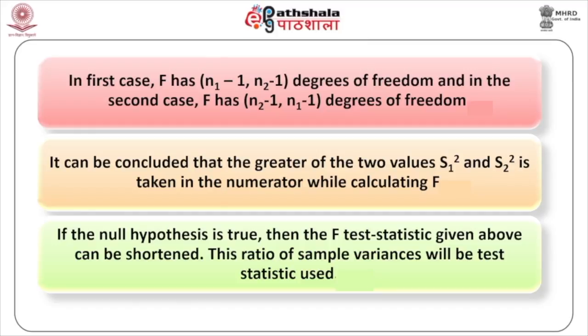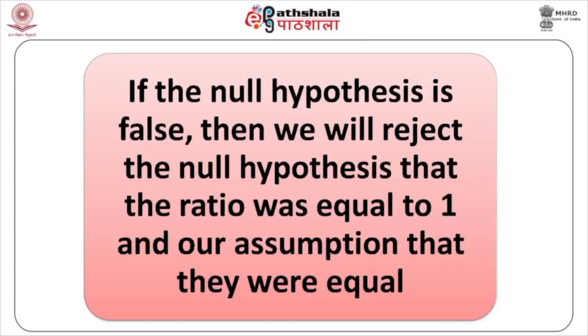This ratio of sample variances will be the test statistic used. If the null hypothesis is false, then we will reject the null hypothesis that the ratio was equal to 1 and our assumption that they were equal.